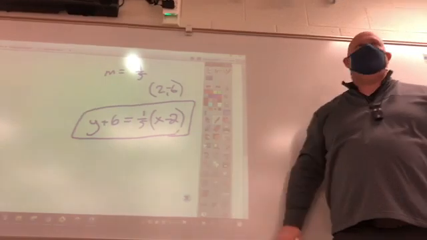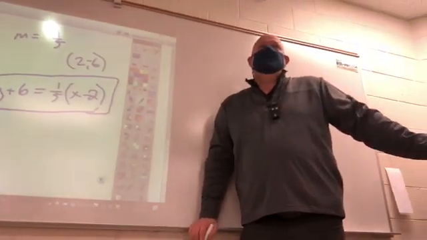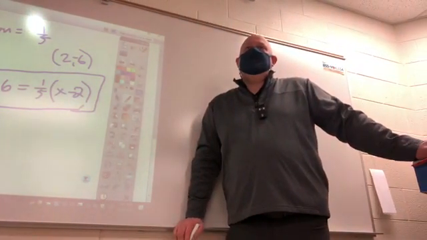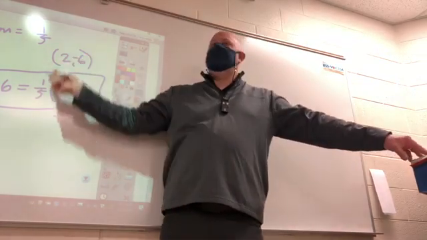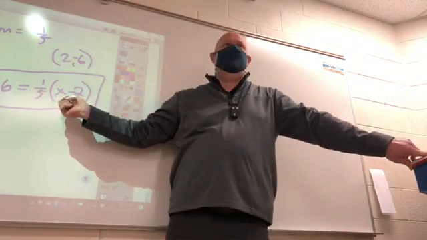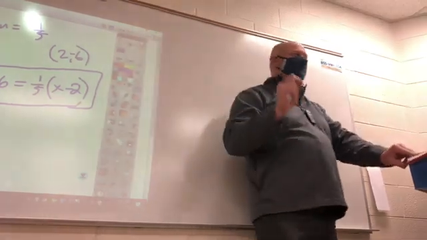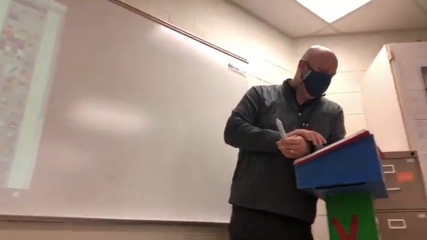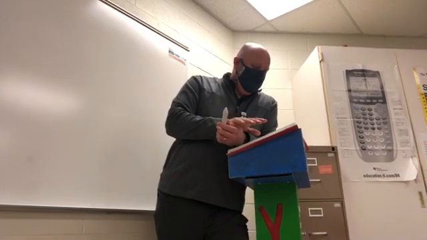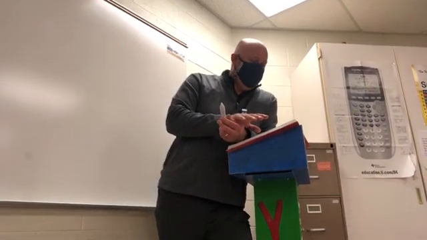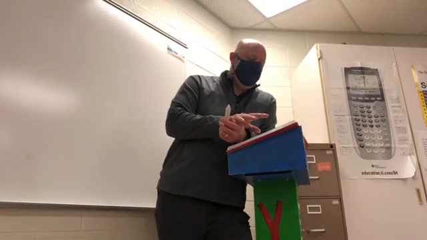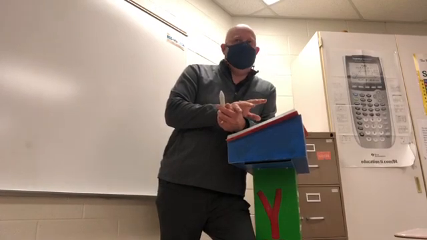And you're done. Does everybody see how I went from here to here? It's not a difficult thing. It's just putting numbers in certain places. What's the only difference between number 4 and number 13?